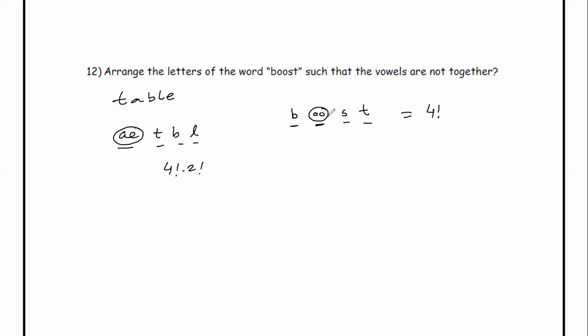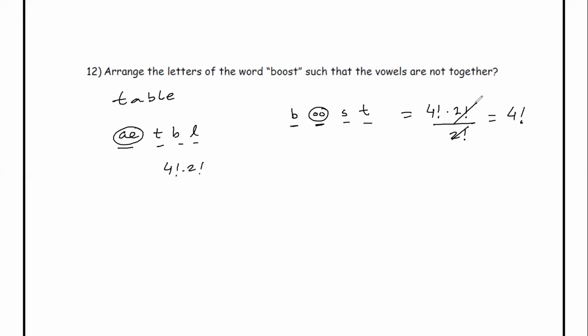But out here, if you interchange the O's and put 2 factorial, then remember you'll also have to divide by 2 factorial because the word boost itself has a repetition of letters. So what you end up getting is just 4 factorial ways to arrange the letters of the word boost, because the two O's when interchanged is just going to repeat the same word boost.